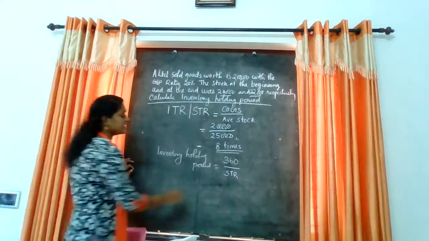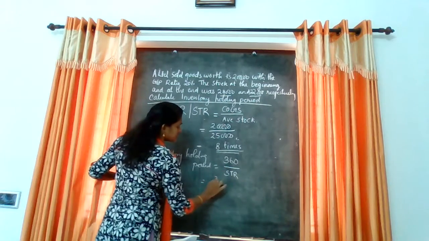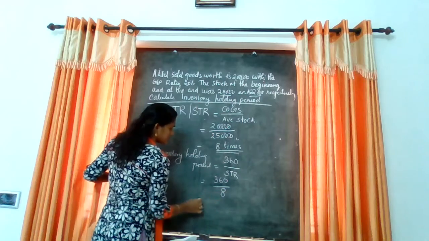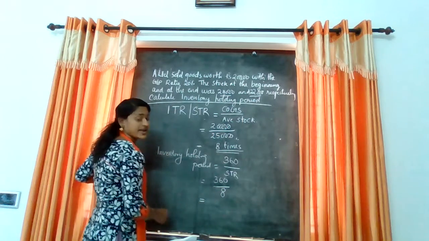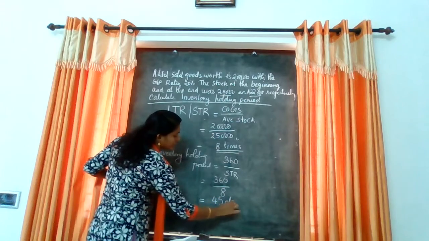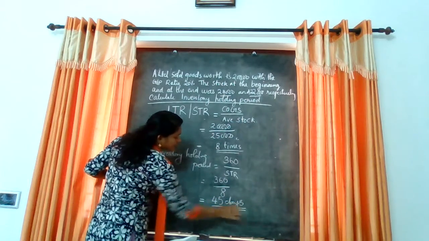We can substitute it: 360 divided by STR 8. Now we will get 45 days. Inventory holding period is 45 days.